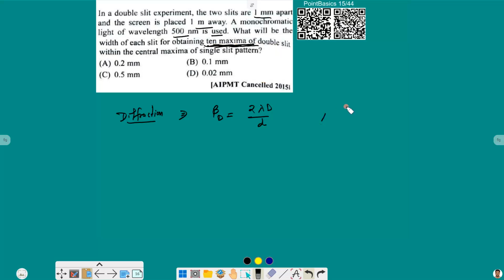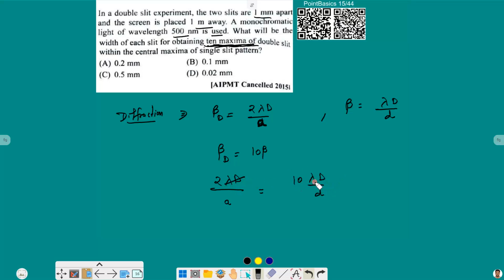Double slit means interference, and in that beta is equal to lambda D by d. So it is given that beta diffraction is equal to 10 times beta, that is 2 lambda D by a, where a is the slit width, equal to 10 times lambda D by d.